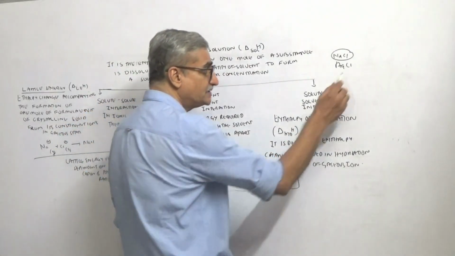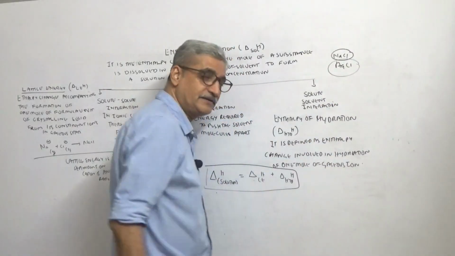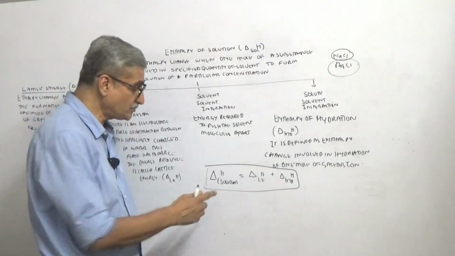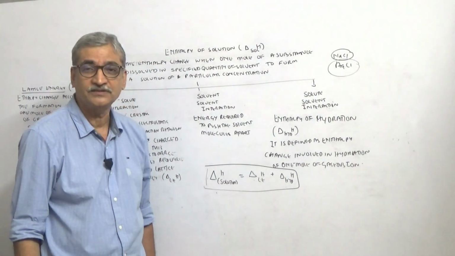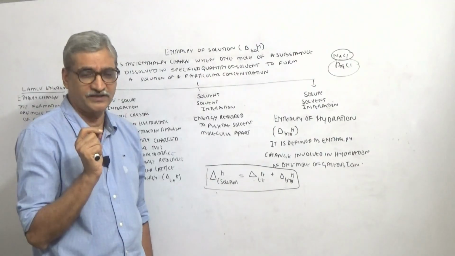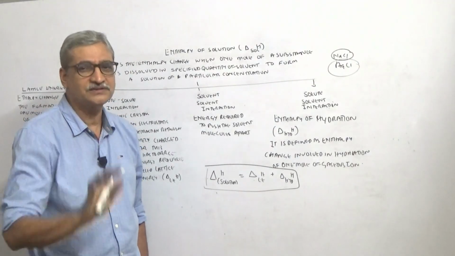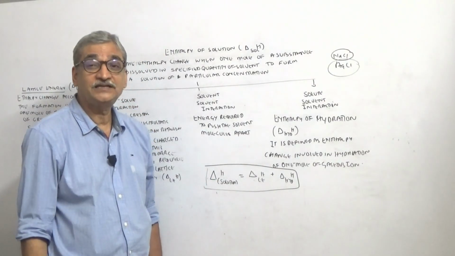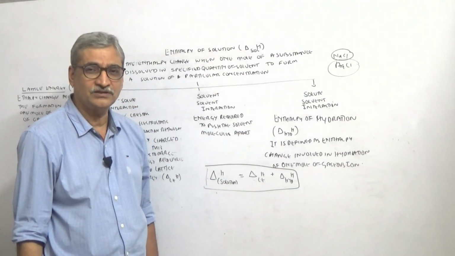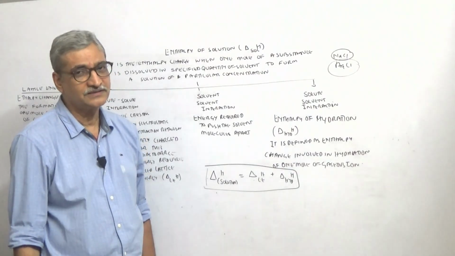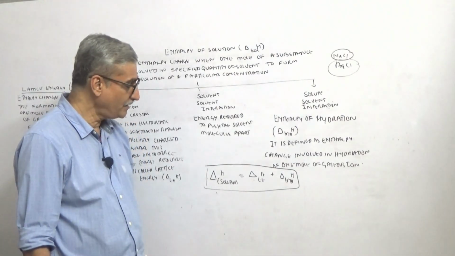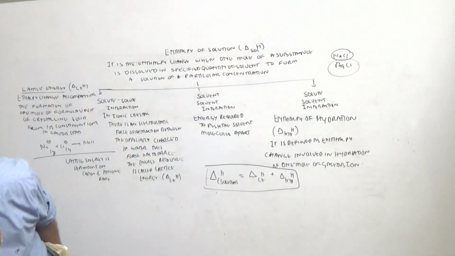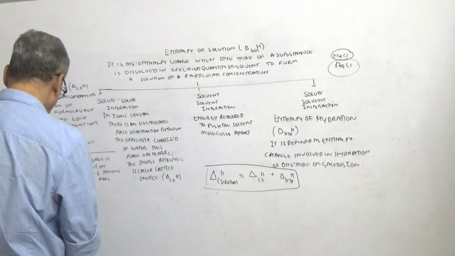In the case of silver chloride, the energy which is required is much more than what can be supplied by the solution. So a very small amount of it dissolves, and whatever dissolves dissociates. So enthalpy of solution dictates whether a salt is sparingly soluble or freely soluble. Is this clear? Now let us understand the values. Okay.